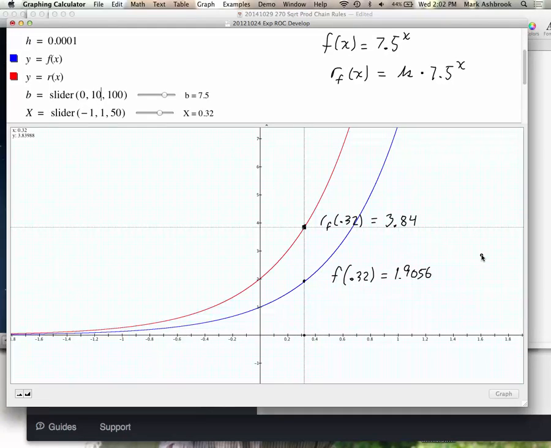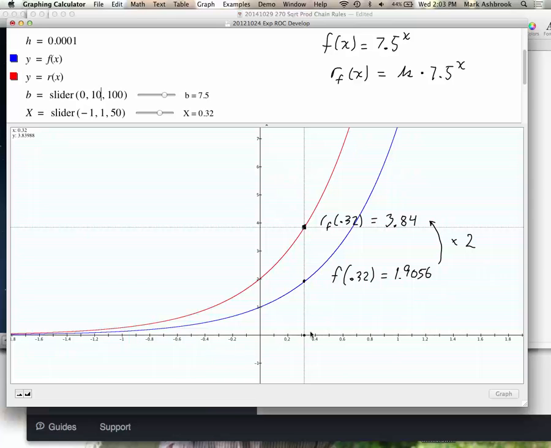Where's the 2 coming from? Yeah, it looks like the rate is something like 2 times as much as the function, right? So about 1.9 and about 3.8. What is f of 0? f of 0 is 1.